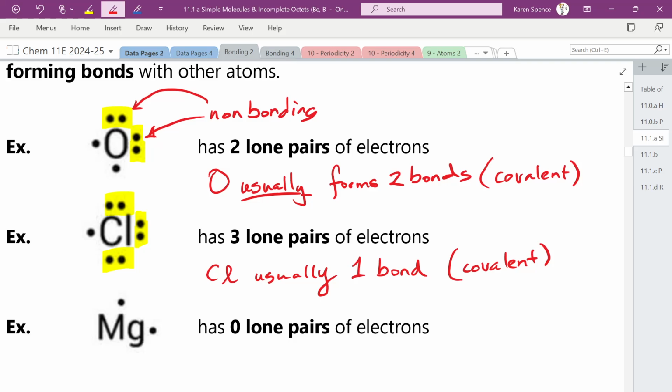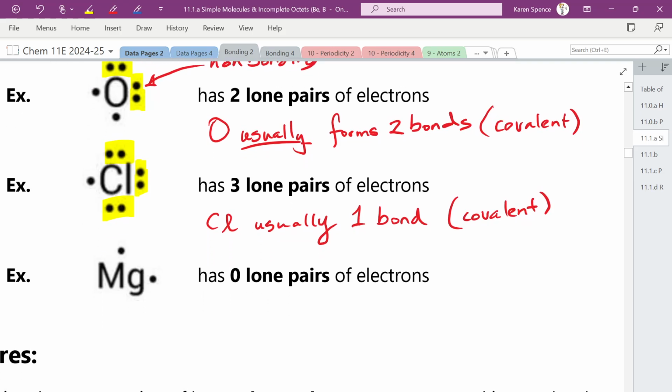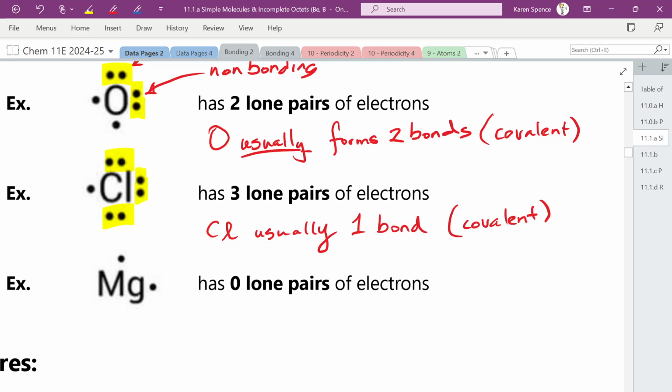Magnesium does not covalent bond. What kind of bonding does magnesium do? Ionic bonding, so it will give away its 2 electrons to empty out its valence shell.